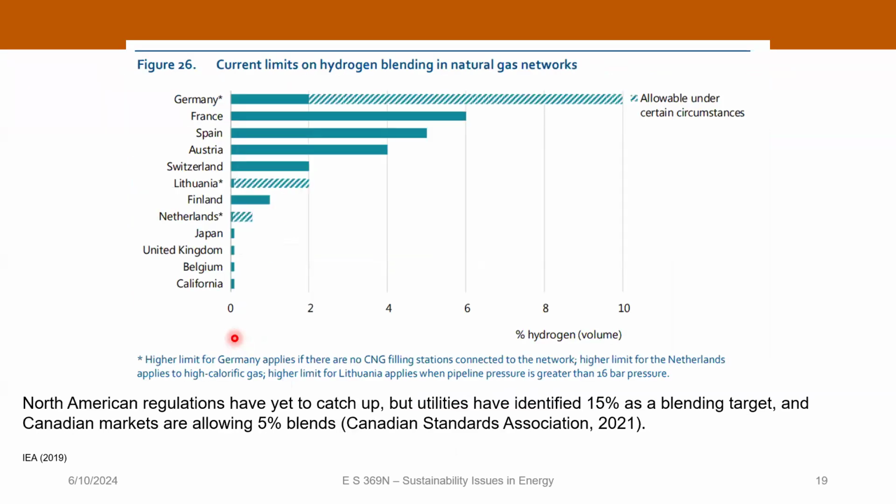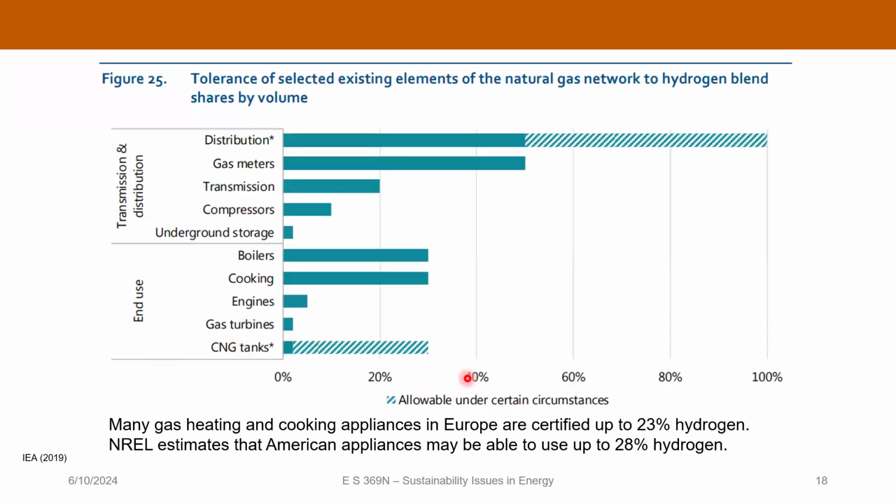So that's an example, on the material and infrastructure side, of what could be withstood. Now, countries have already started regulating how much hydrogen can be blended into their natural gas networks. And one thing to note is if you compare the x-axis on this plot, you can see that the percentages are much lower than they were on the previous slide.